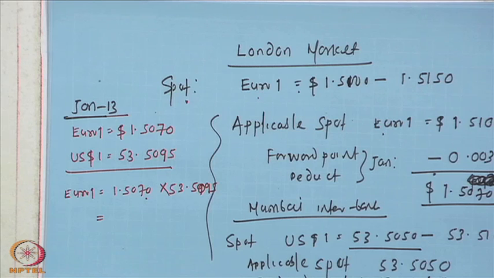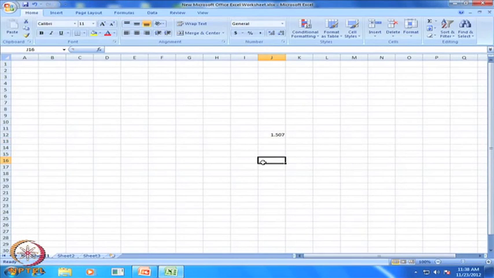What is the multiplication here? 1.5070 into 53.5095.